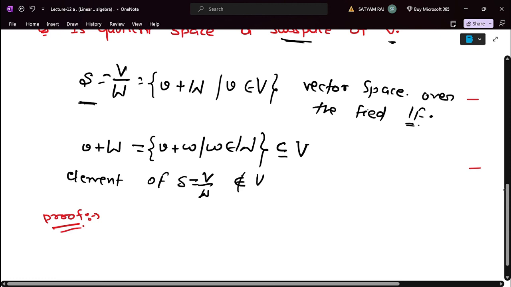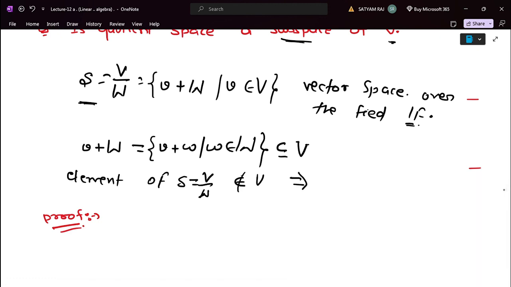Because an element of S does not belong to capital V, the collection of these elements will not be a subset.